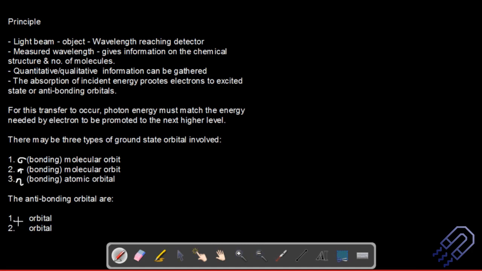So you know, in your class 12 or 11 chemistry, basically you also study about the sigma bond and pi bond. Okay, and this is something which we have seen. So this is your sigma star. Okay, and this is your pi star. So there are two anti-bonding orbitals, the sigma star orbital and the pi star orbital.